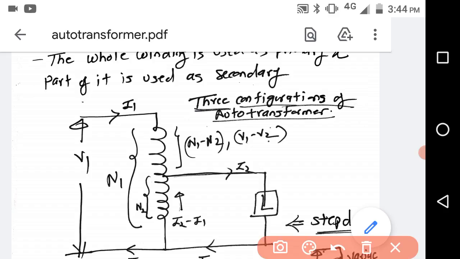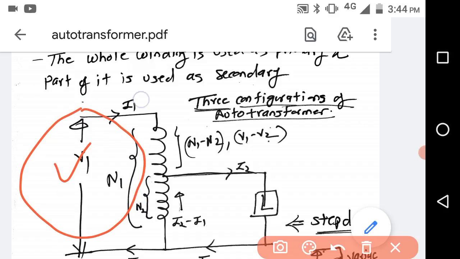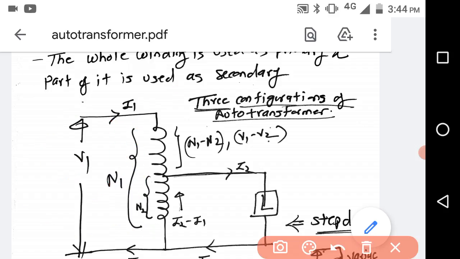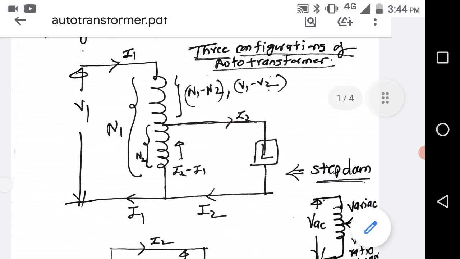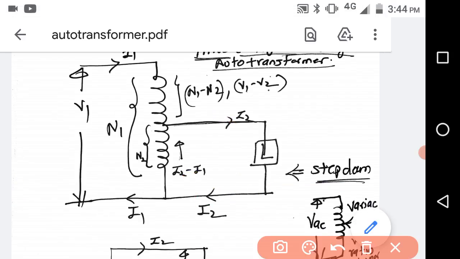So here in the step down transformer, this portion is the primary, where primary voltage is V1, primary current is I1, primary turns are N1. So the whole part is used as primary. This part is used as secondary. So the secondary current, the load current, is I2, which is going out, and this current is I2 minus I1.